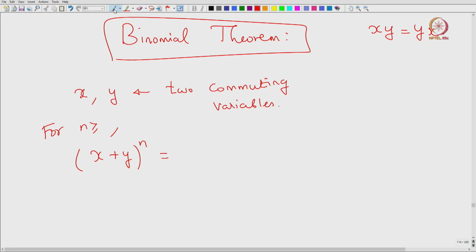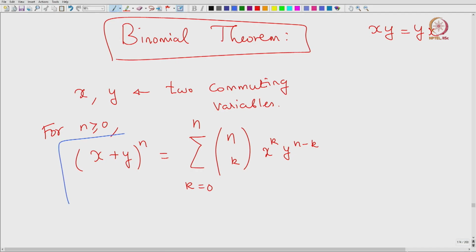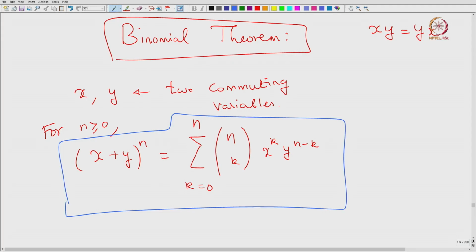So, for n a non-negative integer, x plus y power n is equal to the summation, k ranging from 0 to n, of n choose k times x power k y power n minus k. This identity is called the binomial theorem, and one can generalize it for other exponents. Then we will have binomial series. Let us not talk about that right now. Let us only focus on this binomial theorem, which only talks about the expansion of x plus y power n.